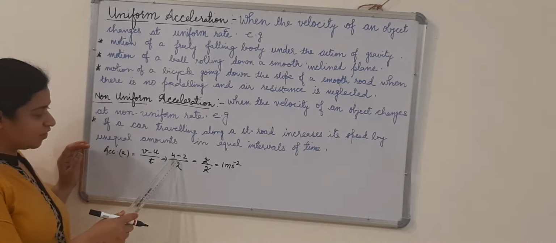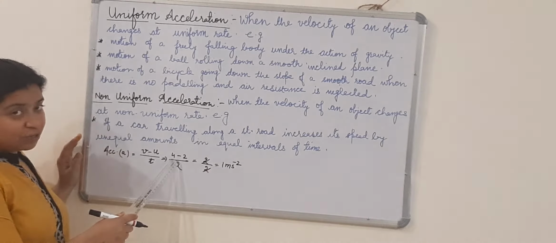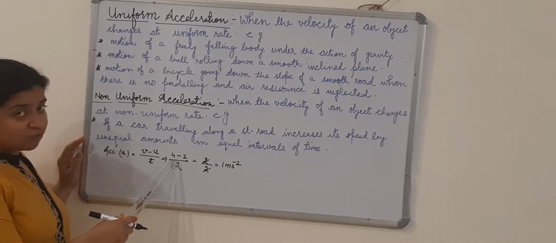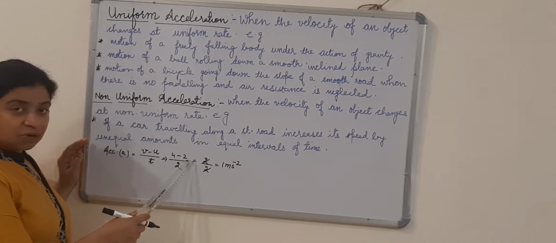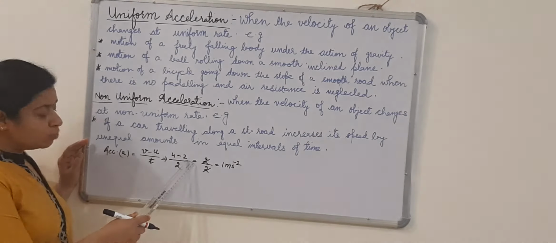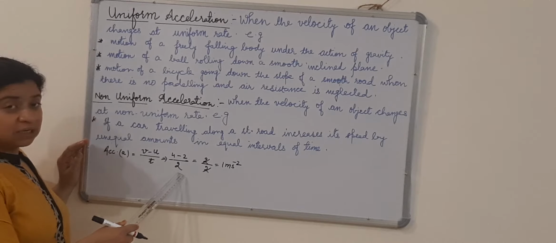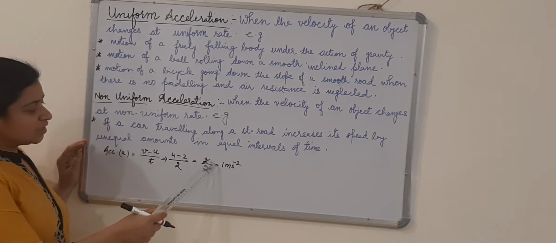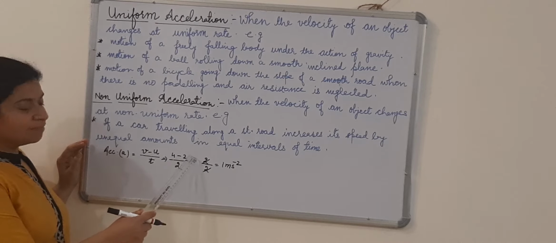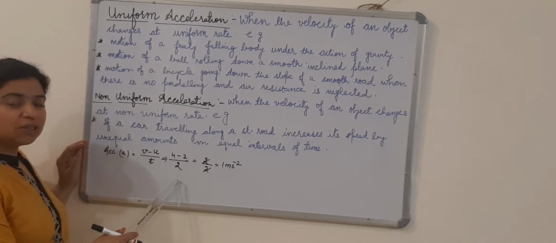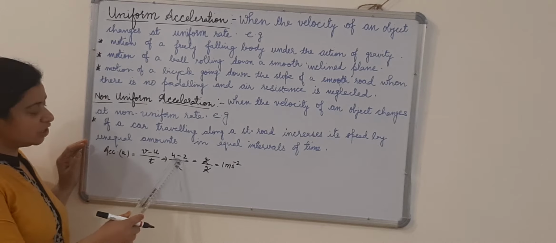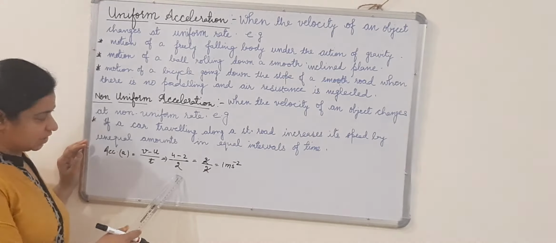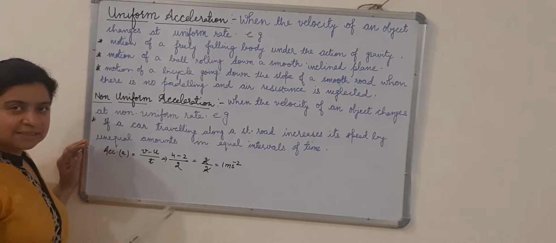So 4 is your final velocity, and finally you reach the velocity of 4 meters per second. Initially it was 2 meters per second and you took 2 seconds. So this is final velocity minus initial velocity upon the time taken by the object to change its velocity. This is the rate of change of velocity, known as your acceleration.